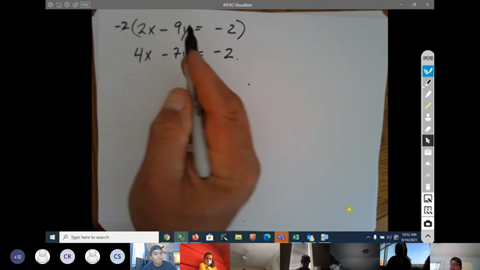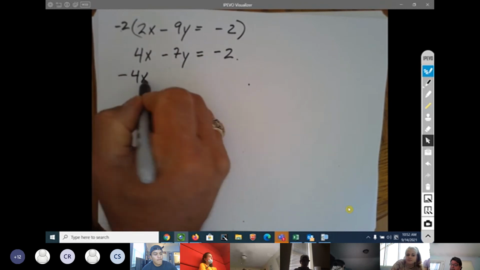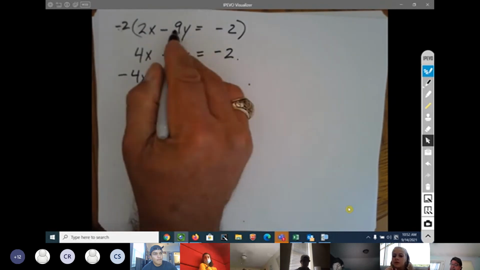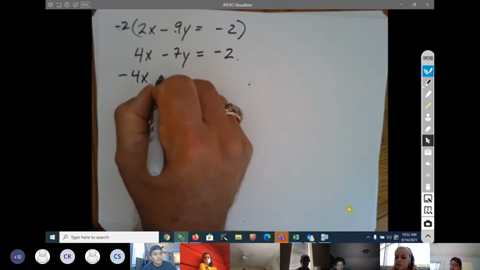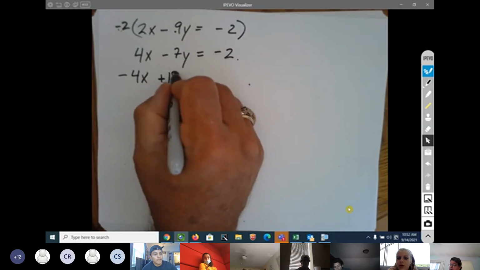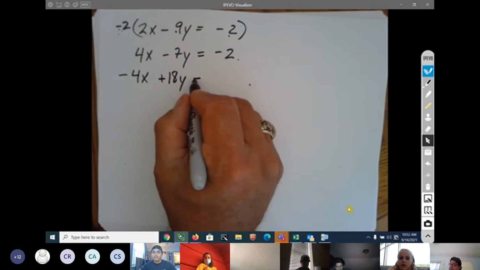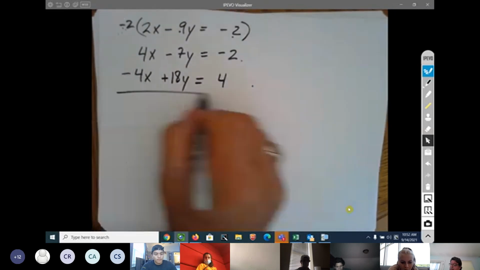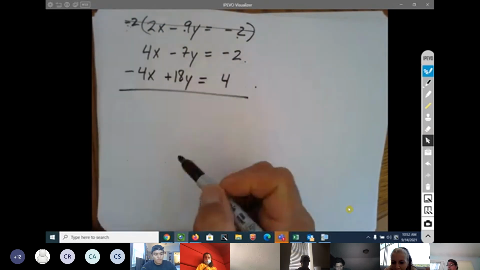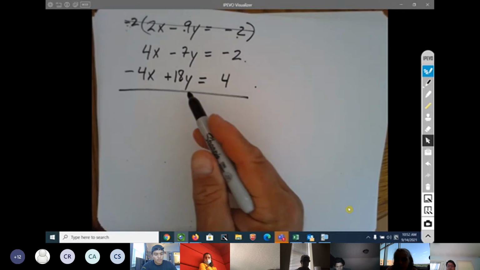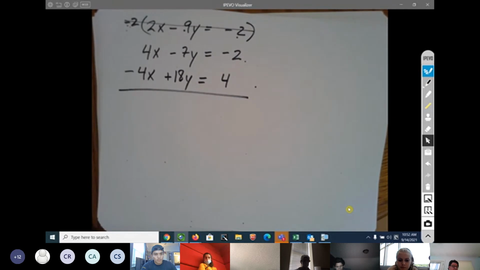Negative 2 times 2 is negative 4x. Negative 2 times that is positive what? 18y. And negative 2 times negative 2 is 4. And what happens to the x's? The x terms cancel.